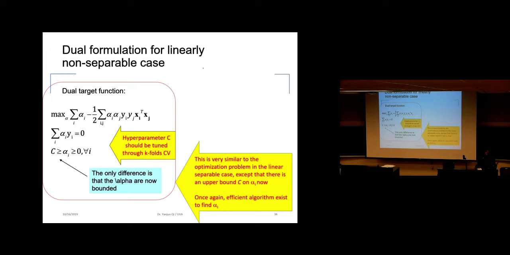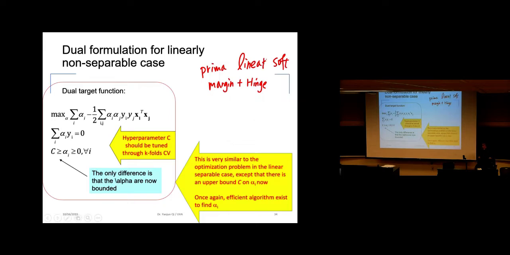So in the primal space, the margin plus the hinge, just the linear case, linear soft SVM.